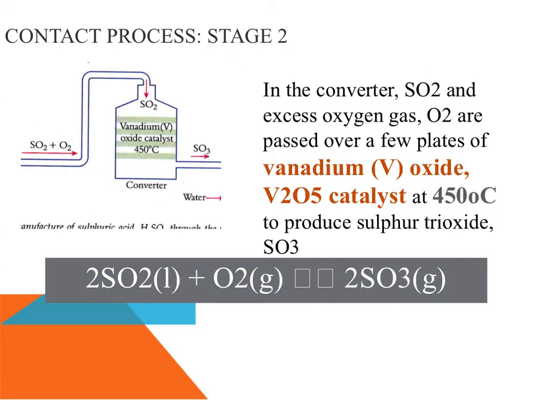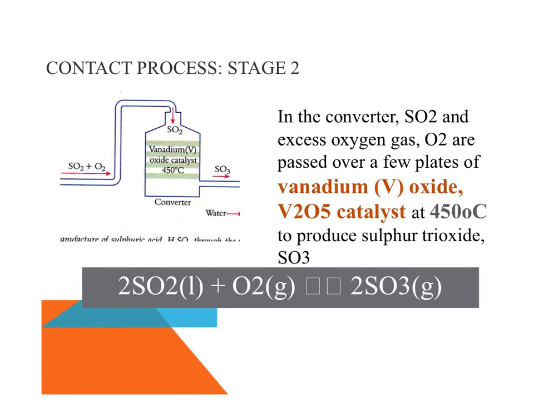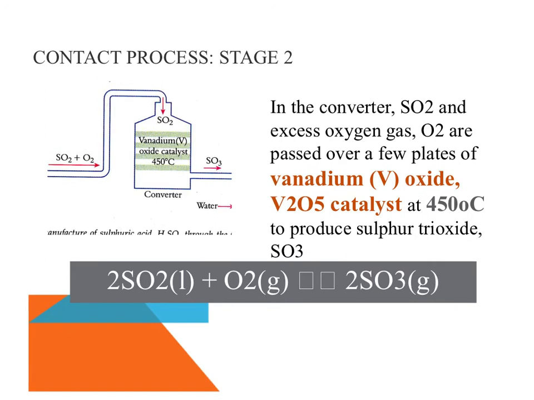Stage 2 then. Stage 2, in the converter, sulfur dioxide and excess oxygen gas are passed over a few plates of vanadium oxide at 450 degrees, okay? This produces something known as sulfur trioxide. And again, you've got the equation, sulfur dioxide plus O2 gives you sulfur trioxide, okay?